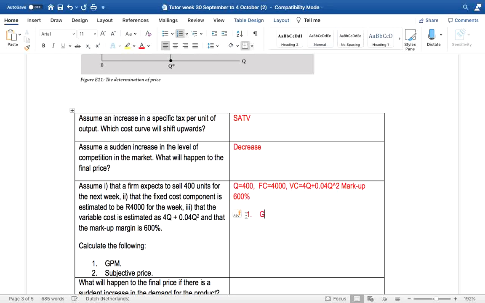So first things first, number 1, calculate GPM. Remember the formula which is in the textbook. GPM is equal to AFC plus NPM.